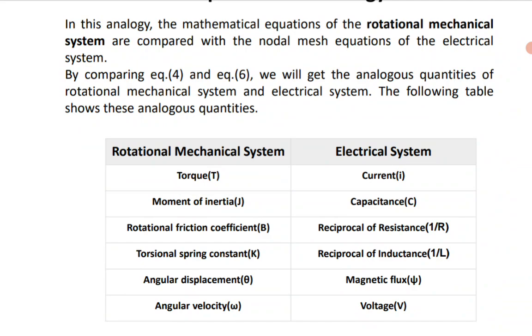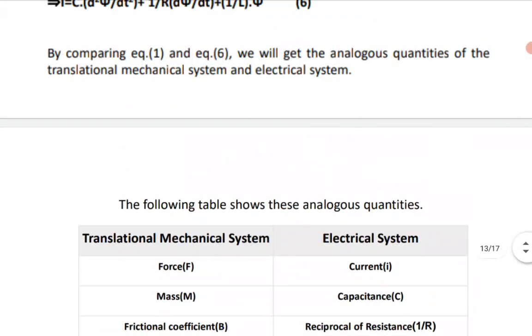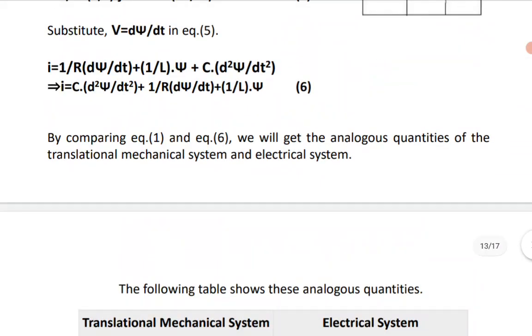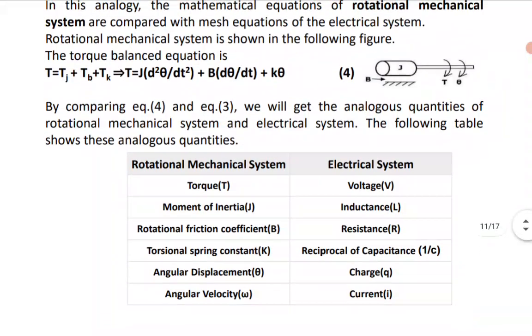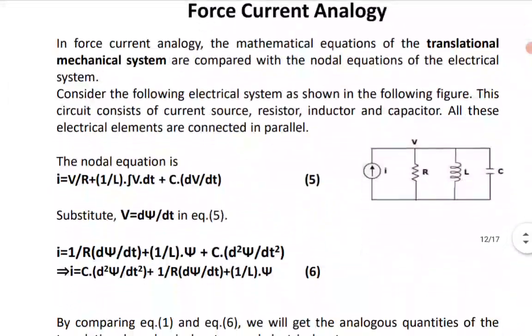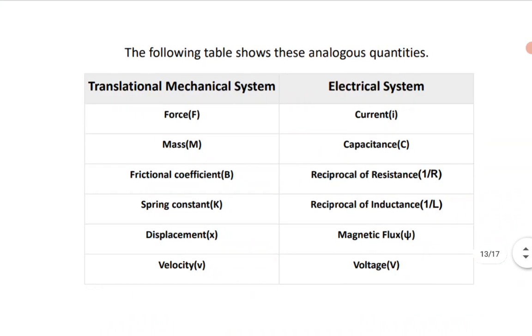Moment of inertia J is represented as capacitance, because I is equal to C into d2 psi by dt square plus 1 by R d psi by dt plus 1 by L into psi. Looking at equation 4, T is equal to J into d2 theta by dt square plus B into d theta by dt plus K theta. So J, moment of inertia, is represented as capacitance.